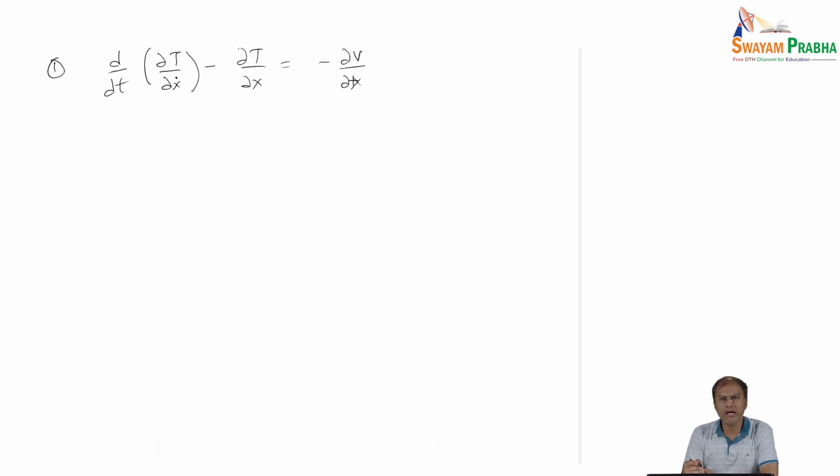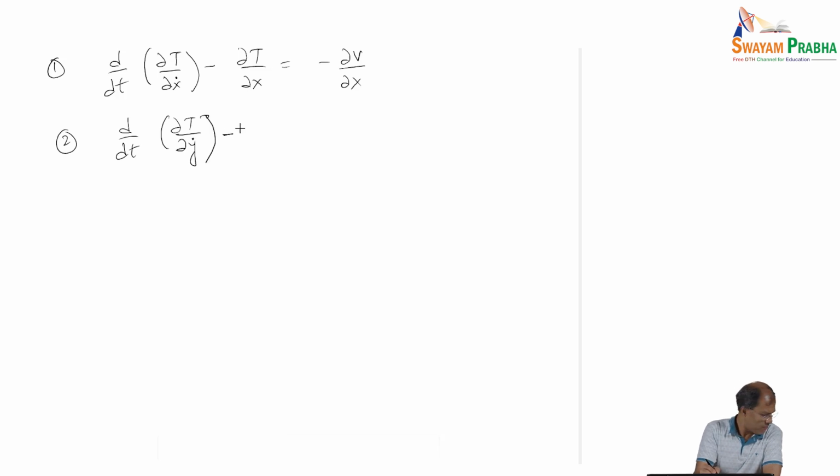We plug in the quantities of T and V here, and of course the second equation that we have is with respect to the y variable. Each generalized coordinate is going to give us a separate Lagrange equation. So for y we now have the following: d/dt of ∂T/∂y dot minus ∂T/∂y is equal to minus ∂V/∂y.